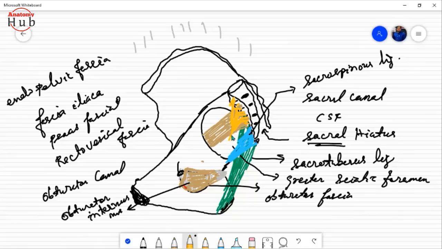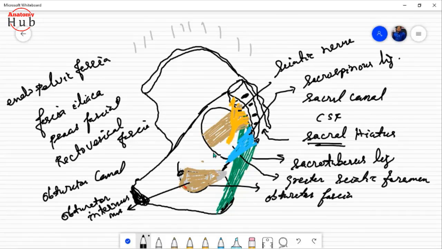Okay, and they will go outside through the lower border of this piriformis muscle, to the inferior part of the greater sciatic foramen. They will go outside as a sciatic nerve, right? So this is your sciatic nerve.